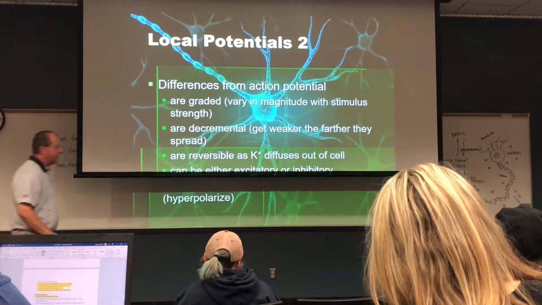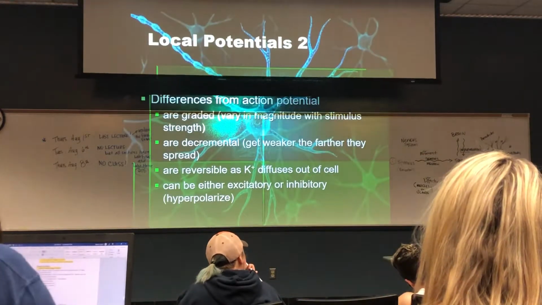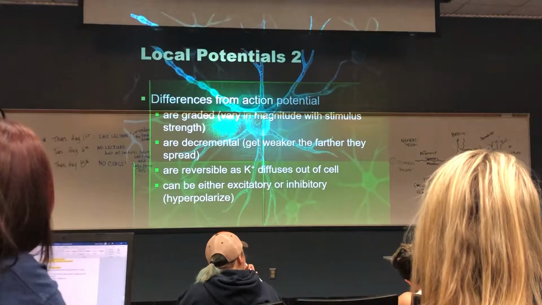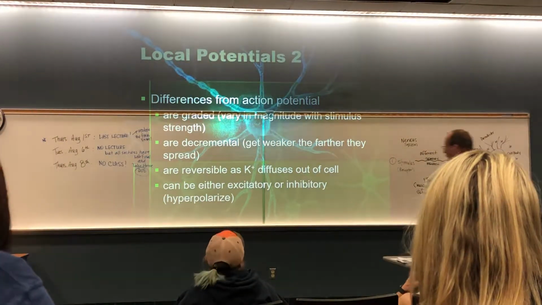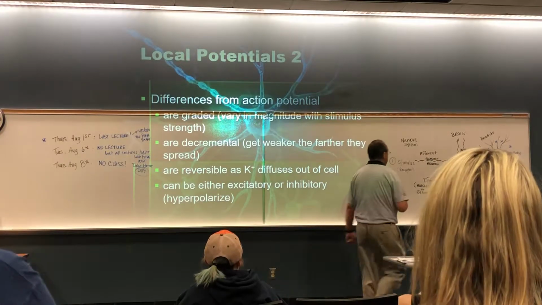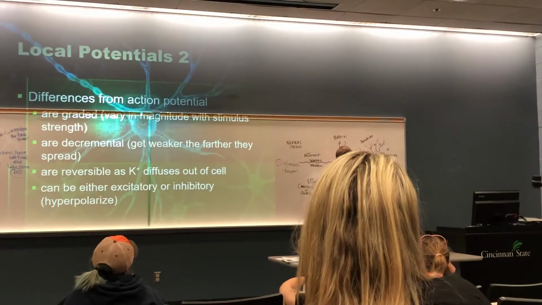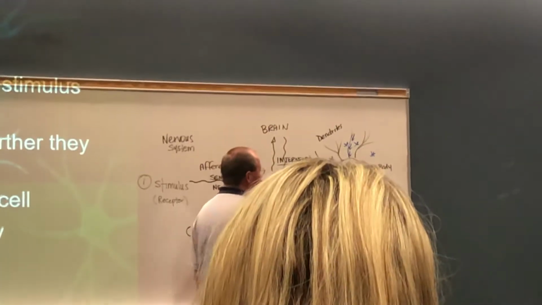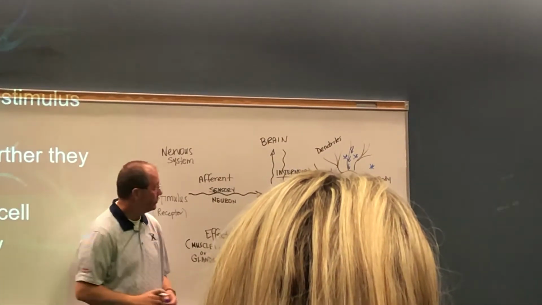So let's get back now to the drawing over here on the right, and let's make sense of this. I'm going to draw local potentials as little tiny arrows. So here are some arrows, local potentials coming from some synapses from one neuron to another.